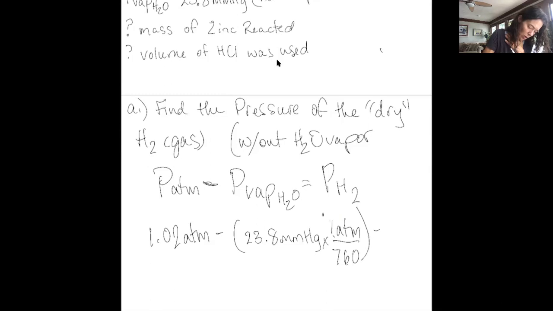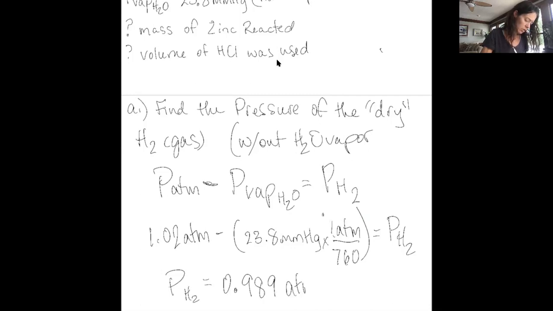If I do this, I'll get the pressure of my dry hydrogen. So I'm first going to go 23.8 divided by 760. That gives me 0.00313. 1.02 minus that answer gives me a pressure of hydrogen gas that's going to be 0.989 atmospheres.